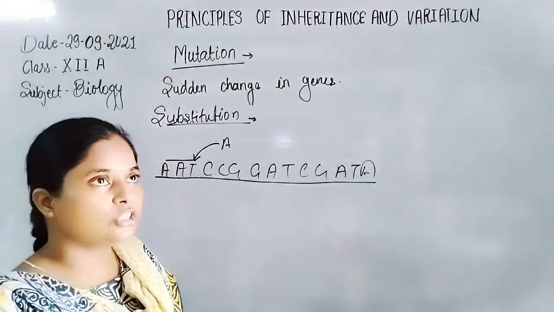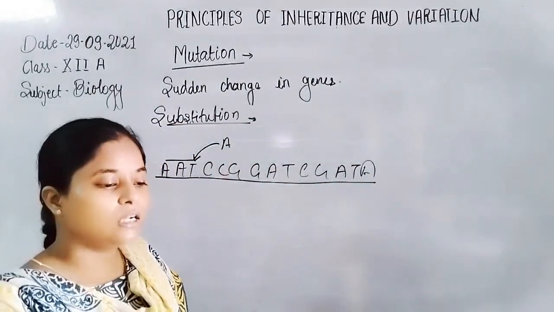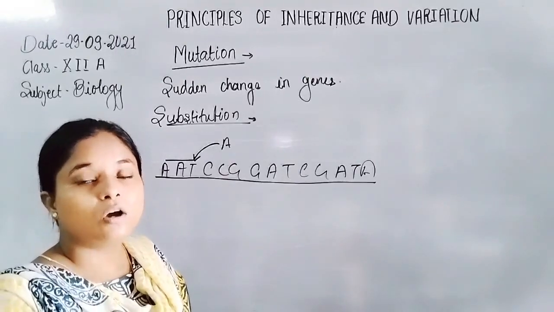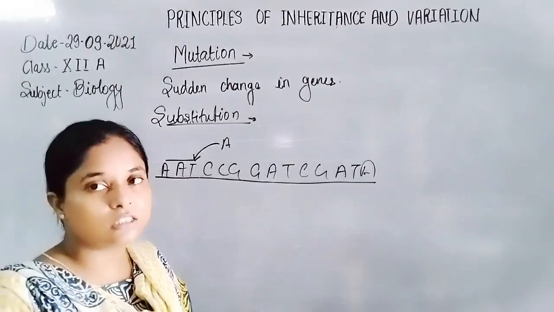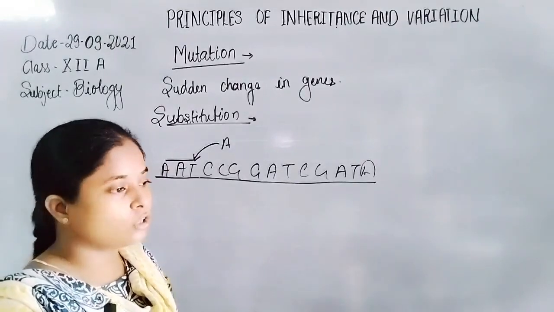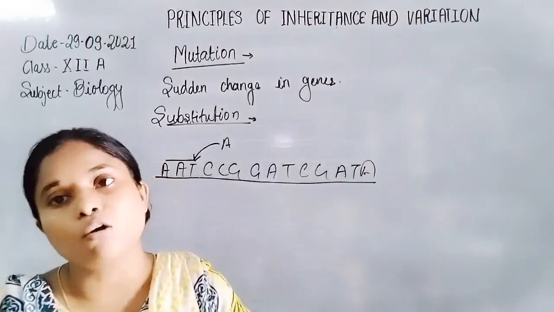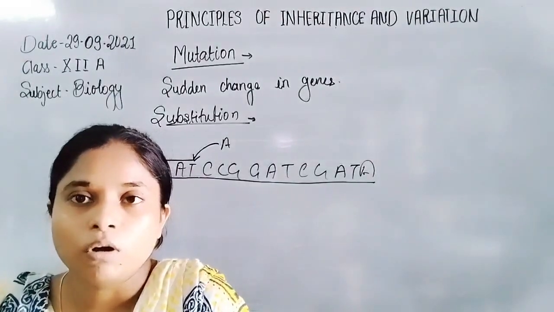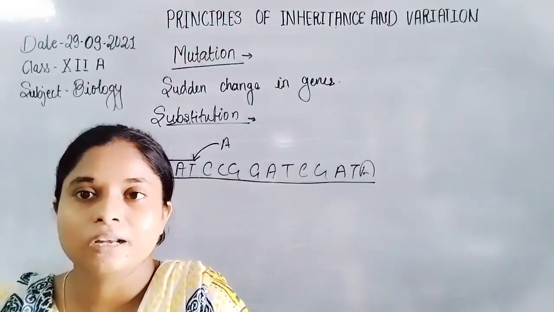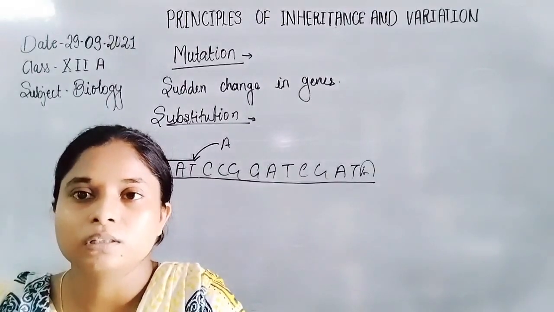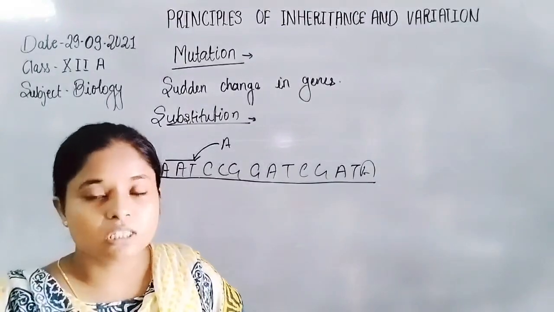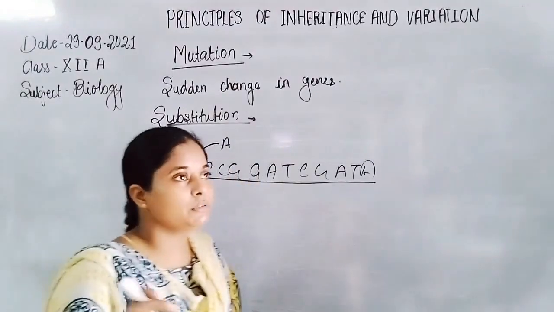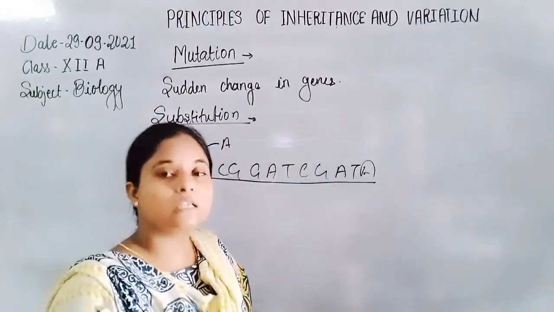Due to this change to valine, globin does not fold properly, which is a qualitative change in the structure of hemoglobin, resulting in oxygen deficiency. Overall this results in a lack of oxygen molecules, and that changes the RBC from a biconcave structure to the sickle cell shape.